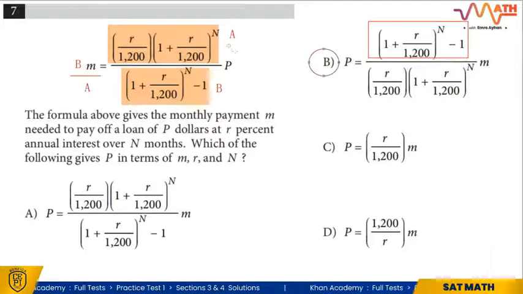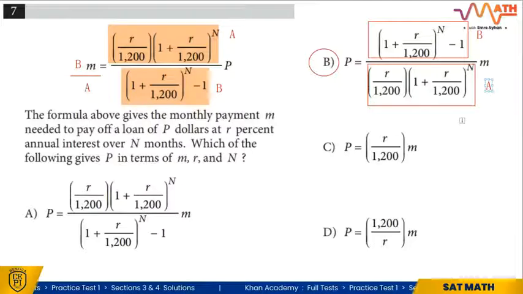Similarly, you can check A here, right? This is like B, and this is like A. Instead of working with all these terms, I just simplified the expressions, like just A over B, and I solved. So number 8.